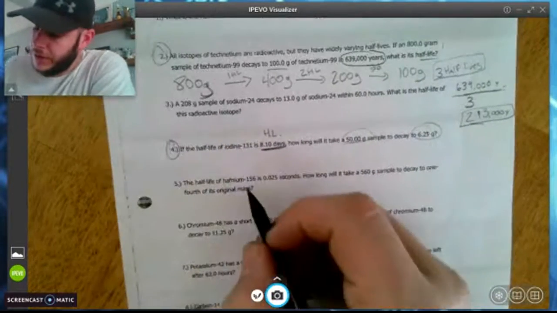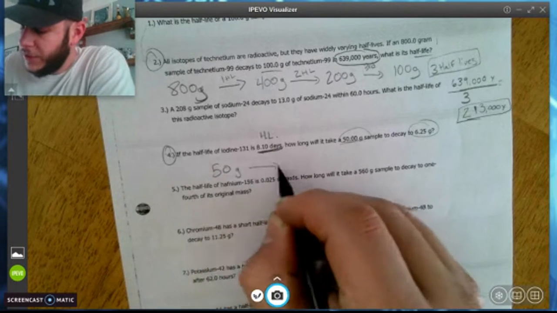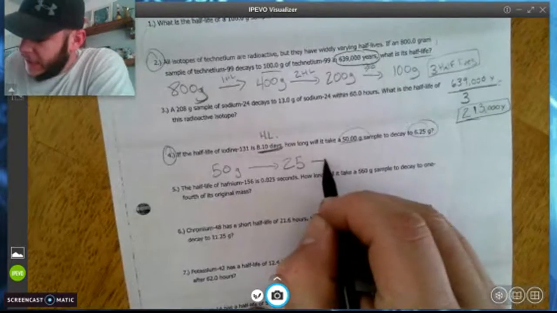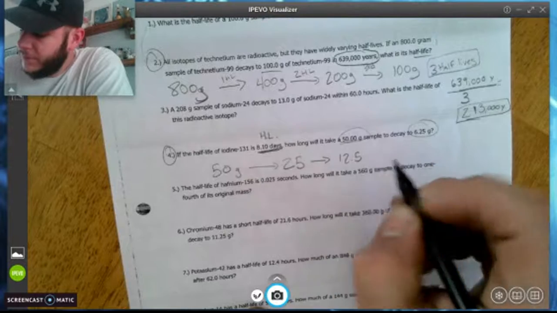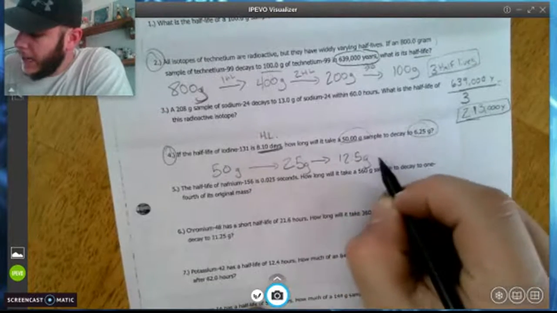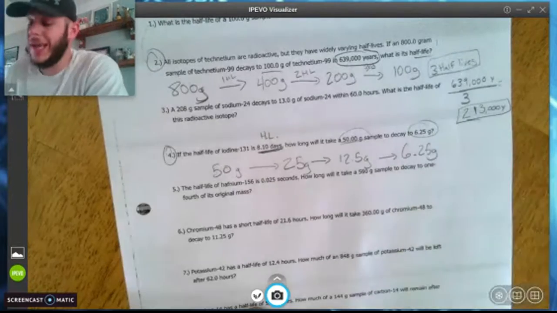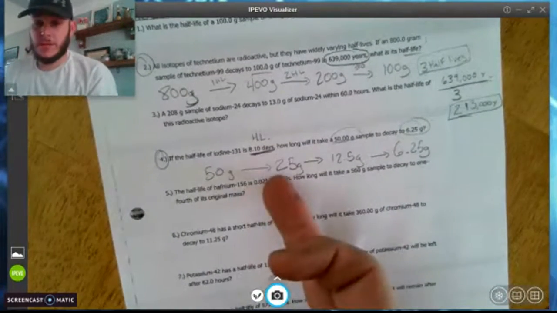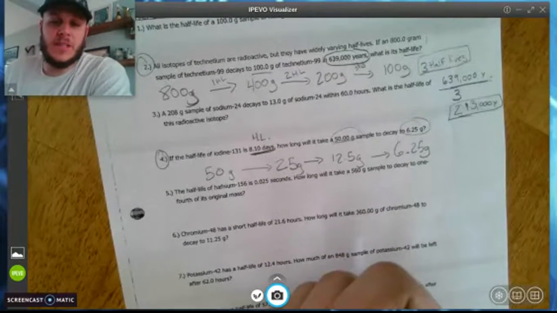So I start with 50 grams. After one half-life, that turns into 25. After a second half-life, the 25 turns into 12.5 grams. And after a third half-life, this turns into 6.25 grams. So again, it's 3 half-lives: 1, 2, 3. How much time did that take?